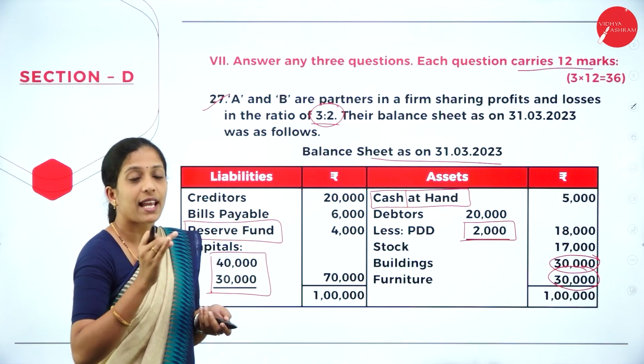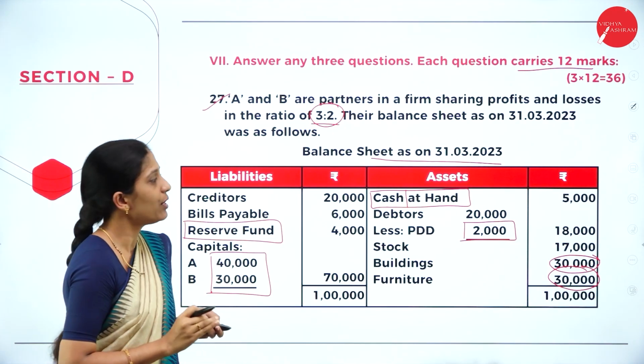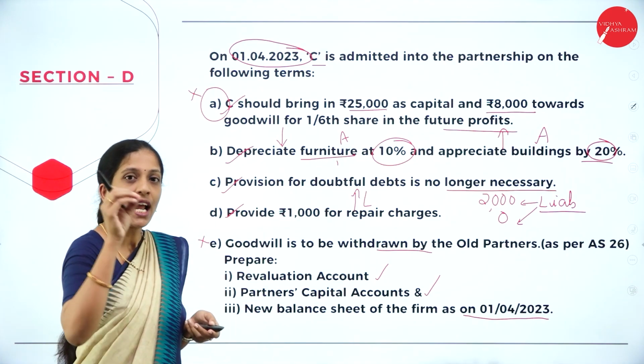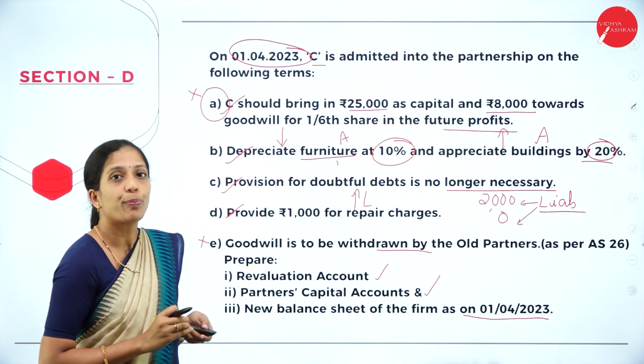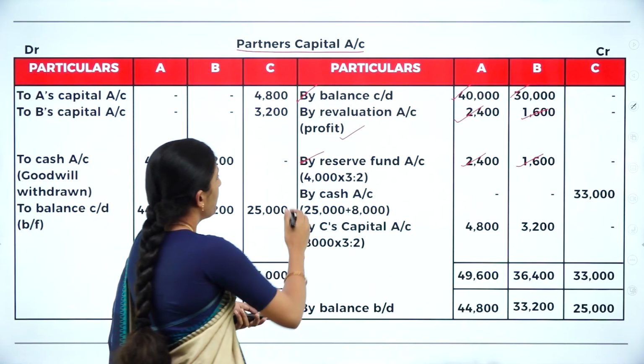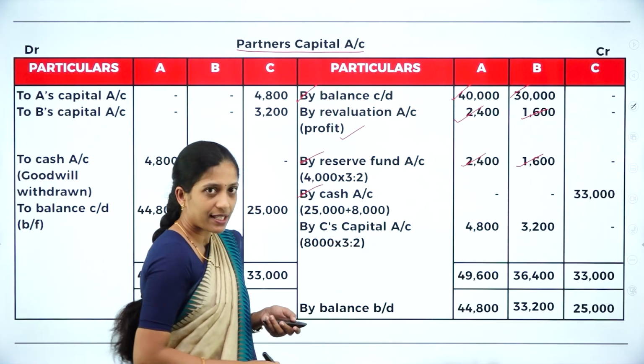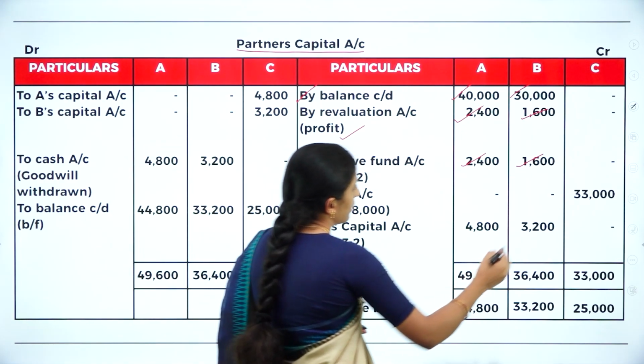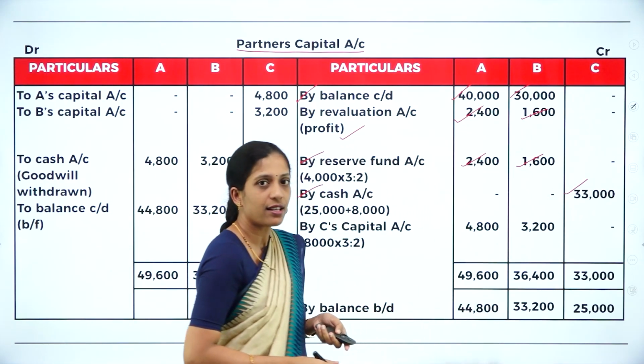Okay, so now it is cash in hand. You will write by cash account. Now you will add capital and goodwill, 25,000 plus 8,000, and write that amount in the new partner's column. So by cash account 25,000 plus 8,000, 25,000 is capital, 8,000 is goodwill. So you will write 33,000 in the new partner's column.